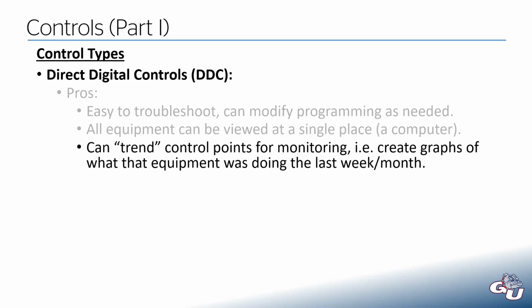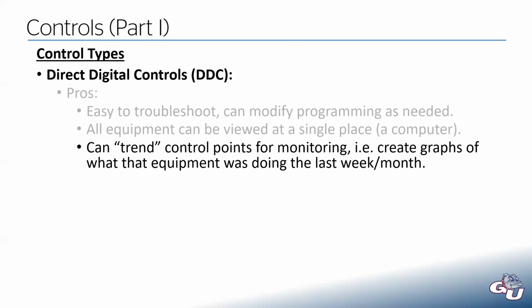So let's say I wanted to know what the supply air temperature of this air handling unit was for the past 24 hours. I could plot that on a graph and see how my supply air temperature is changing. And maybe I want to graph that against when my heater is supposed to be running.